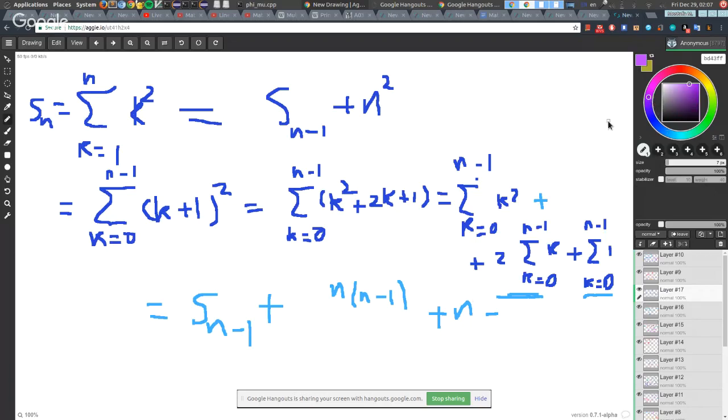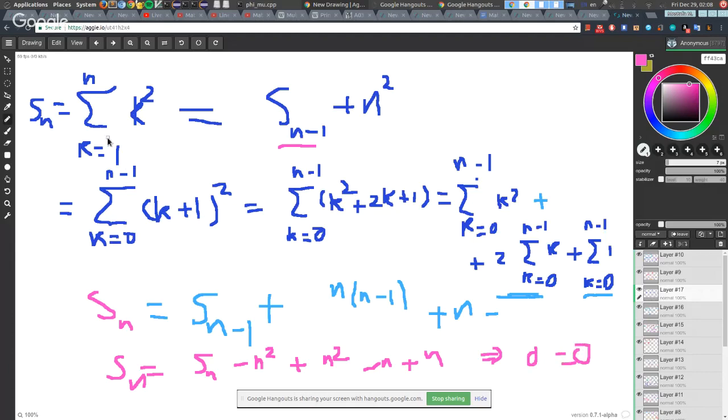Here we can substitute this S n minus 1, so we end up having Sn equal to n squared minus n plus n. And as you can see, this implies that 0 equals 0, so actually I didn't do anything. It's something I didn't intend.